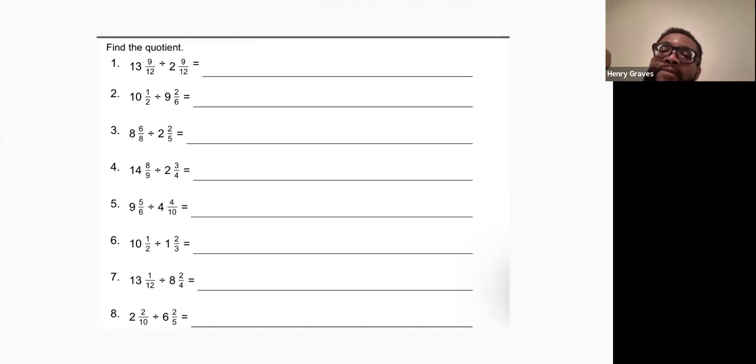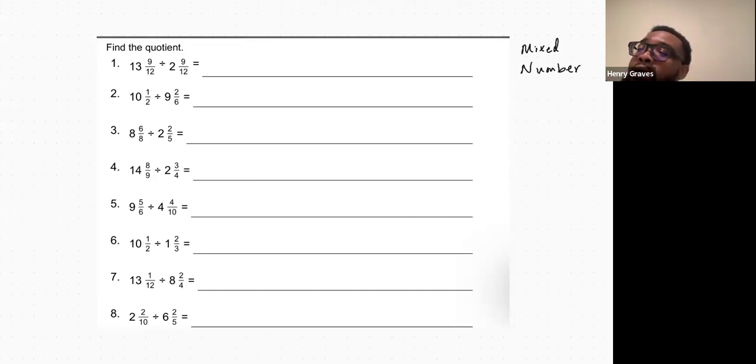So I'm going to show you guys how to divide these portions. Now, obviously, these are examples of what is called a mixed number. So a mixed number, guys, is a number that has both a whole number and a fraction.